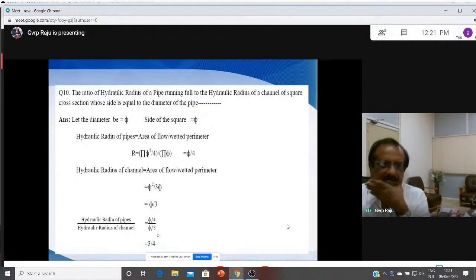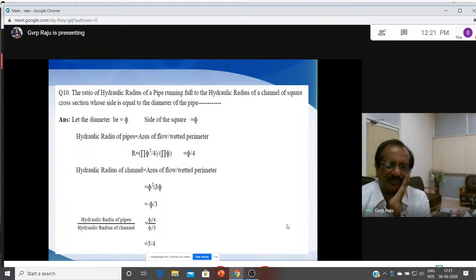The other one: the hydraulic radius of the pipe running full to the hydraulic radius of a channel of square cross section. Just the ratio's difference. Diameter is 5 here, the side of the square is also 5. The hydraulic radius of the pipe is the area of flow by wetted perimeter. The area of flow is pi 5 square by 4, by pi 5. The normal procedure, pi by 4.